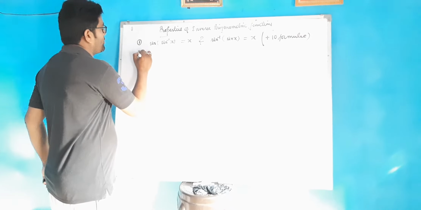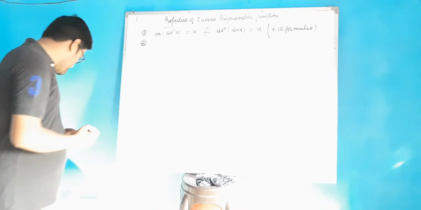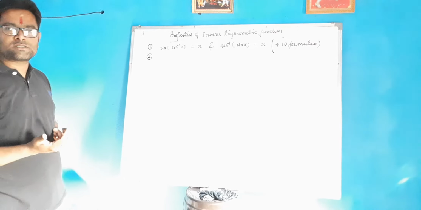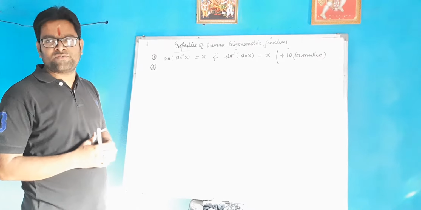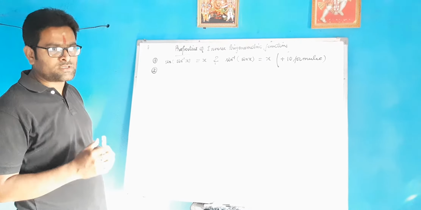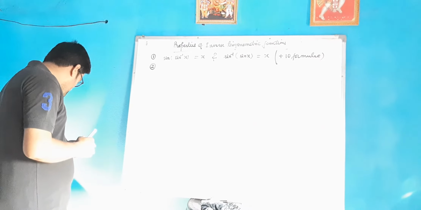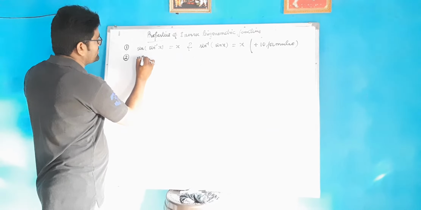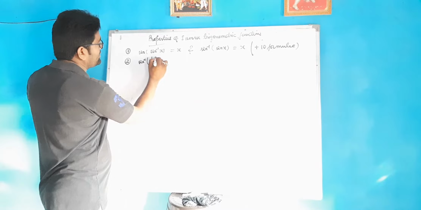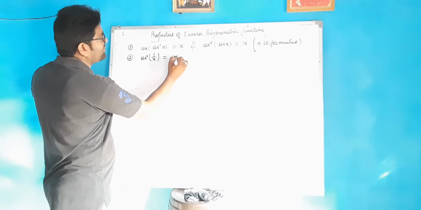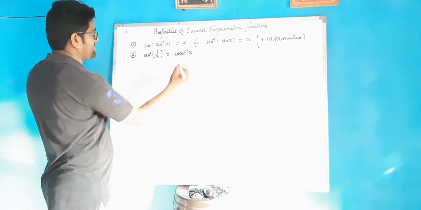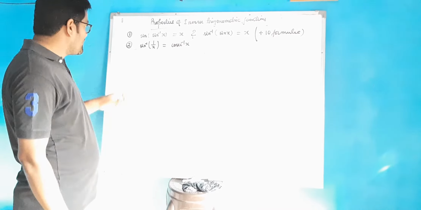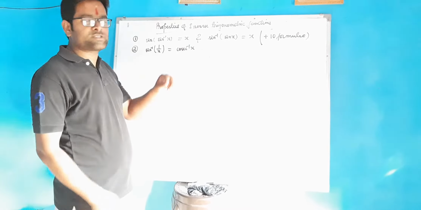Next property: whenever we are using x and 1 by x, students are always confused, I have seen. So you have to focus on what I am going to write. If I am writing sine inverse of 1 by x, it will give you cosec inverse x.